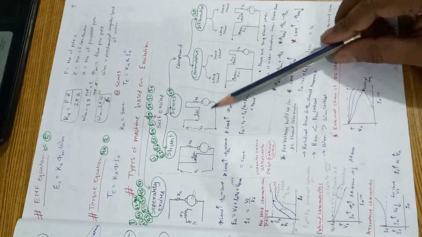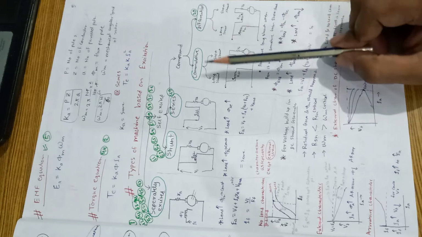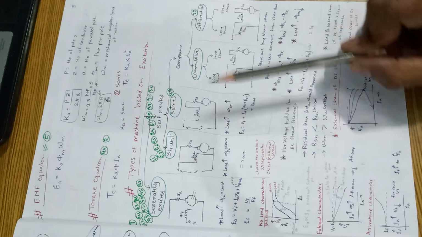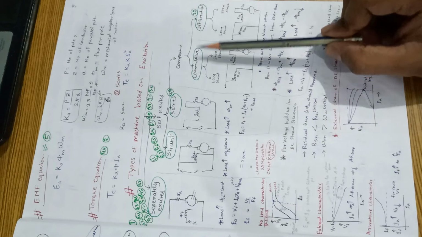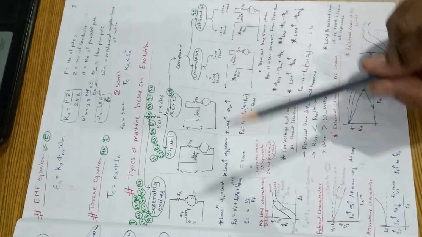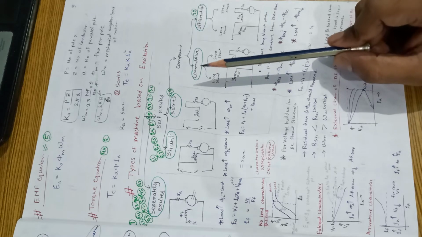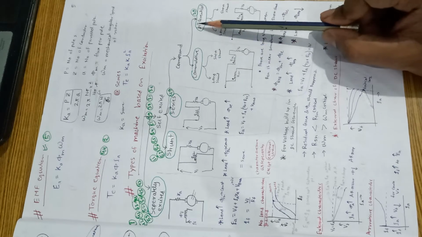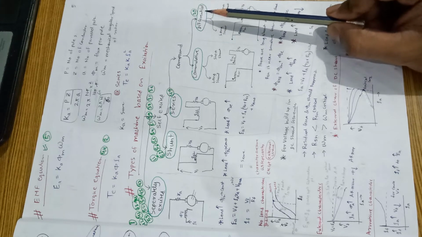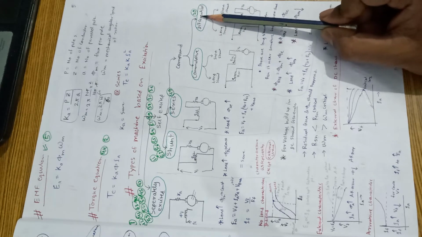And for cumulative and differential, what we have to mainly remember is that they basically have both series and shunt fields. For cumulative, the series and shunt fluxes are added, and for differential, the series flux is subtracted from the shunt flux. This is the main point that we need to keep in mind.